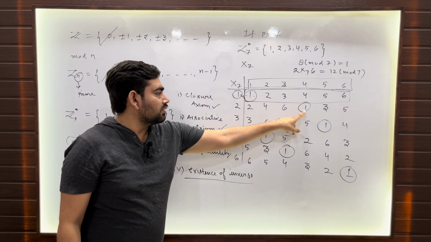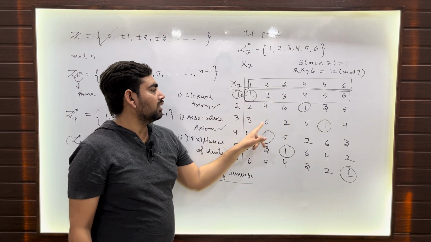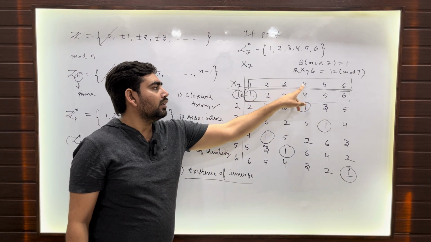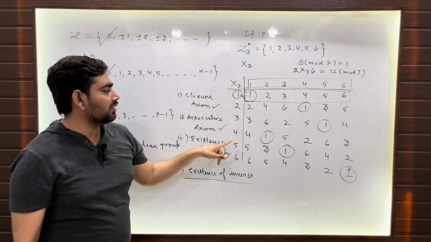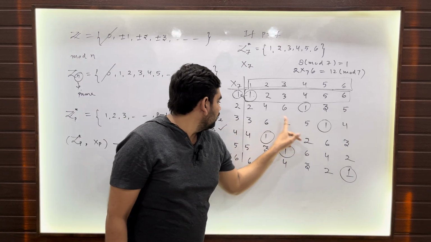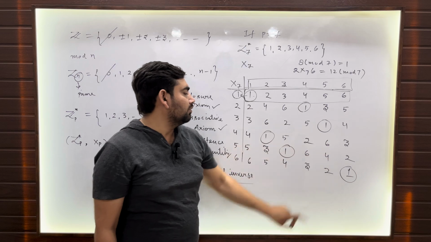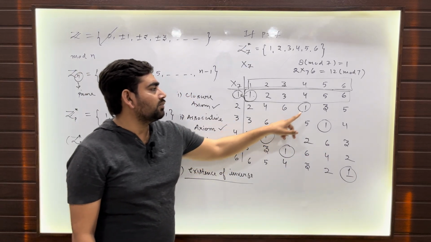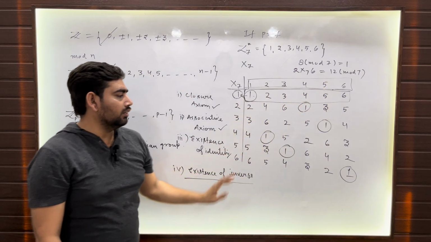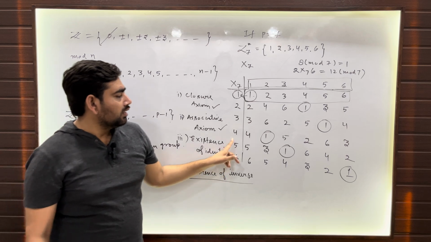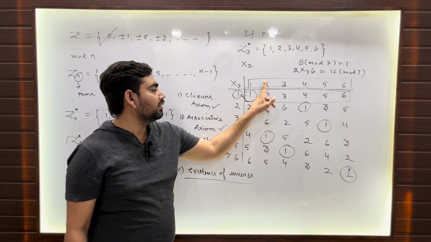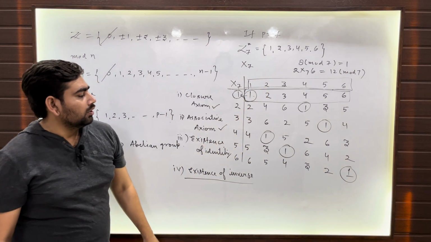Similarly, for this one we have 2 and 4, therefore the inverse of 2 is 4 and the inverse of 4 is 2. Similarly, corresponding to 3, we have 1 over here and here it is 5. Thus the inverse of 3 is 5 and the inverse of 5 is 3. Similarly, we can observe that the inverse of 4 is 2 and the inverse of 2 is 4.